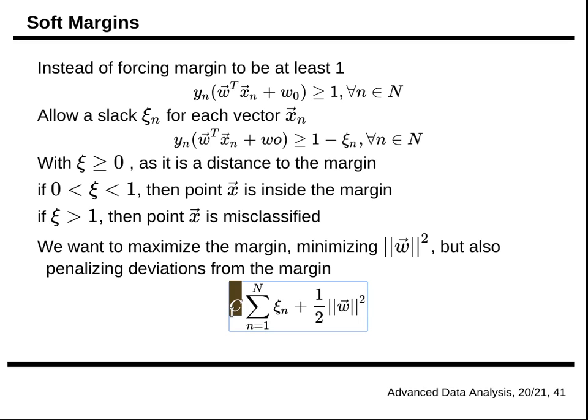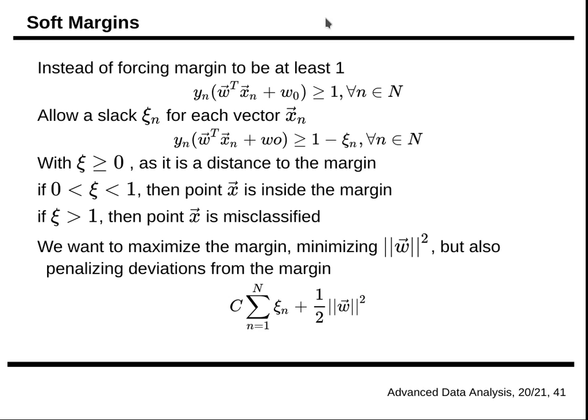It's a penalty on how the margins are being violated. So if C is very large, we are putting great emphasis on the violation of the margins. We don't want the margins to be violated. If C is small, then we are allowing the margins to be violated and prefer to just minimize this vector here.